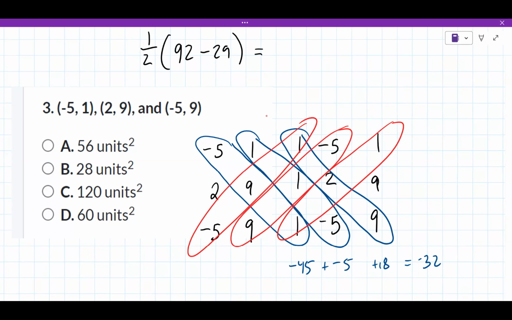Okay, so I got -88 in total. Yeah. So -45, -45, and +2 is -88.